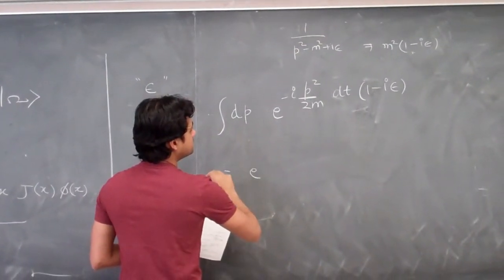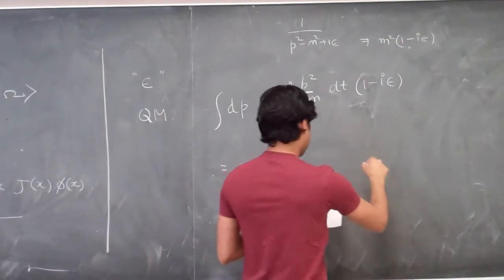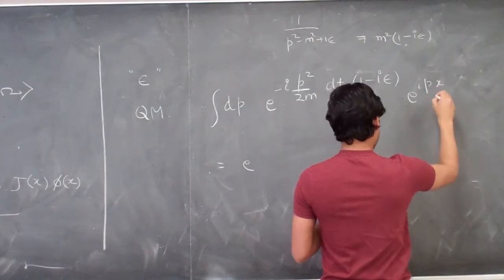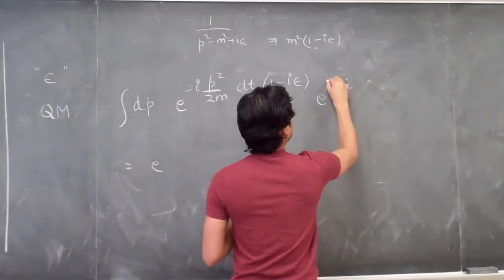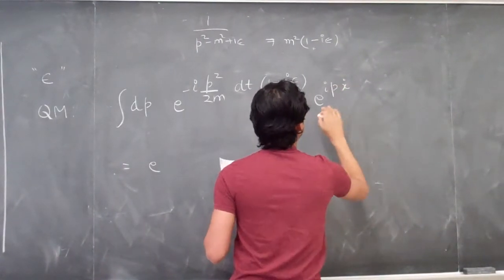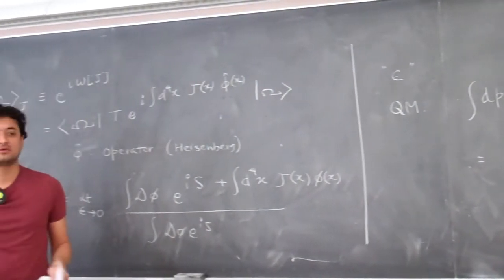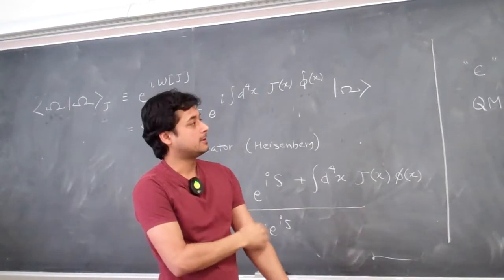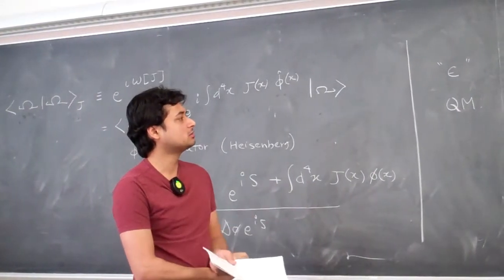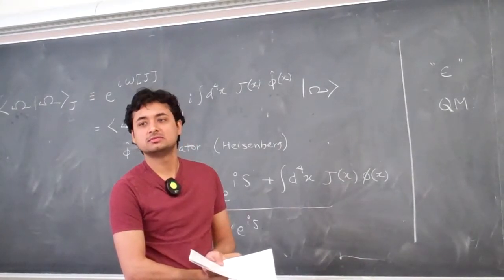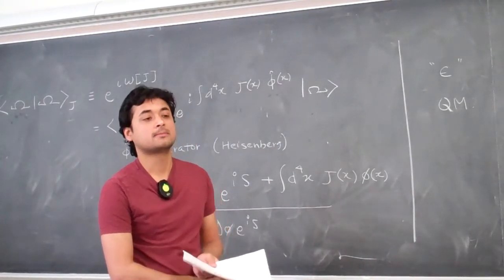It will be proportional to, and there will be a plane wave factor here, e to the i p dot x, which would be coming from the overlap of a p state and an x state. I will not go into the detail here; I think this expression, or something similar, was derived last time. Is that true? Yeah.